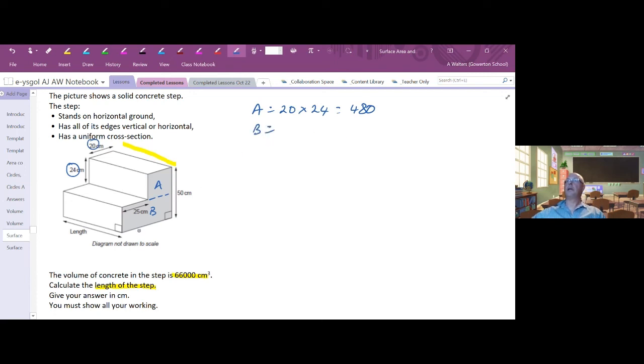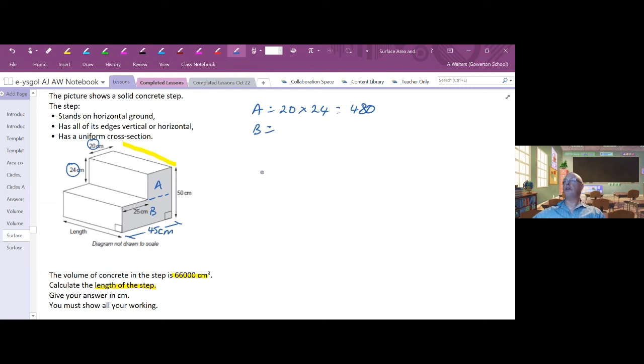B, now the distance from there to there, I get from adding 25 and 20, being 45.